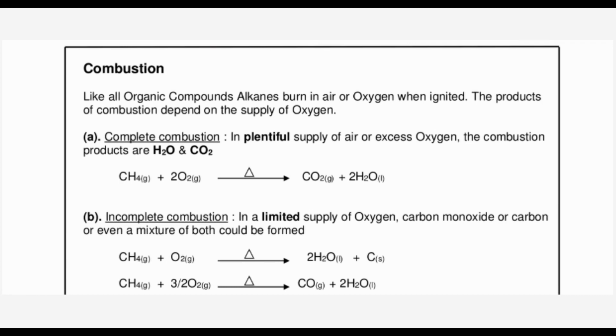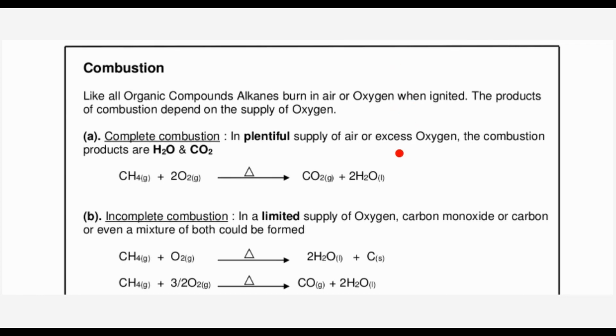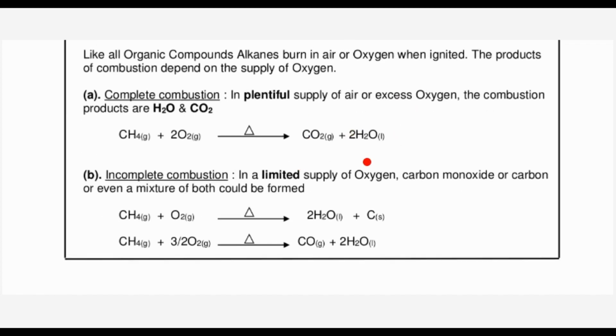The products of complete combustion are carbon dioxide plus water, whereas the products of incomplete combustion are carbon monoxide plus water. Sometimes carbon and water also can be produced. Carbon soot and water can be produced, depending on the supply of oxygen. If the oxygen is much less, it can produce just carbon without carbon monoxide.